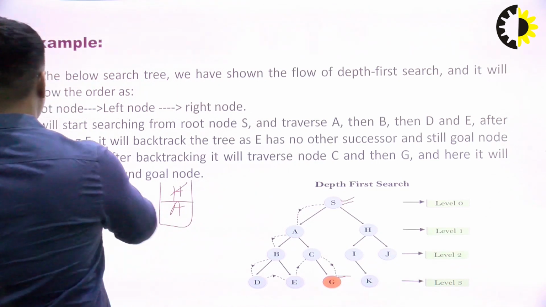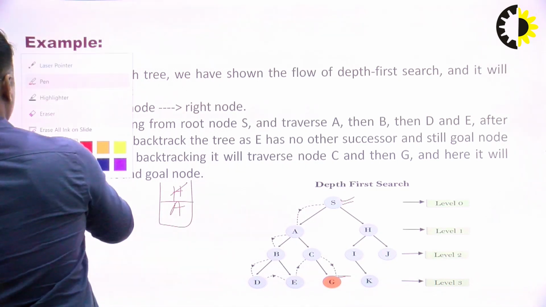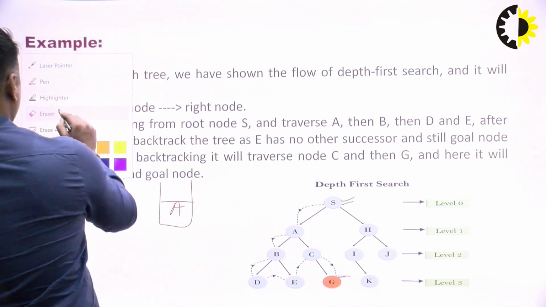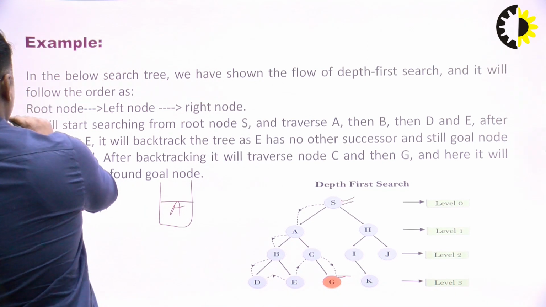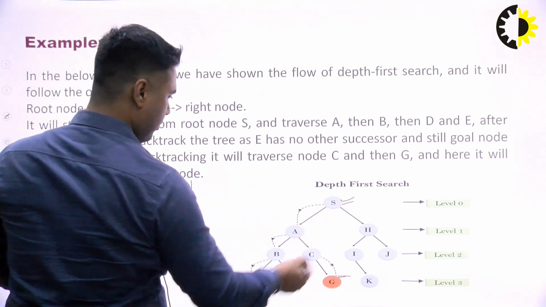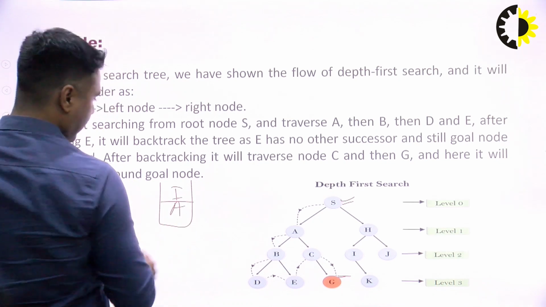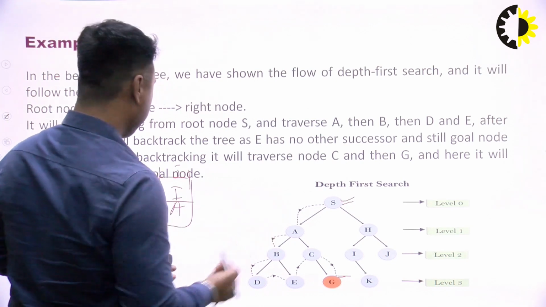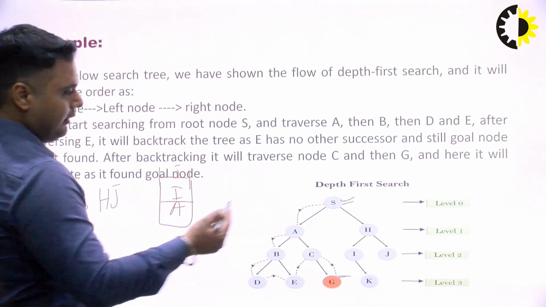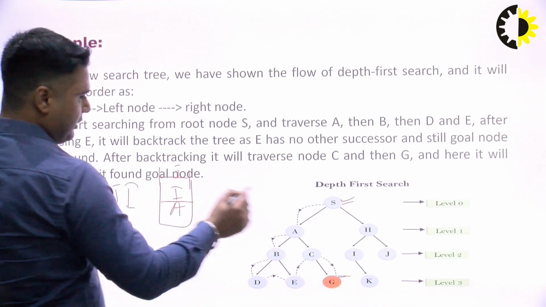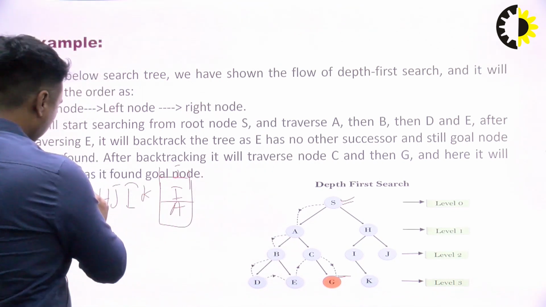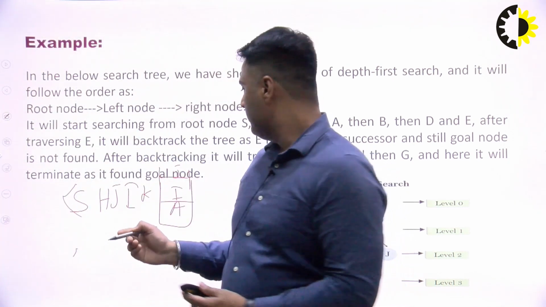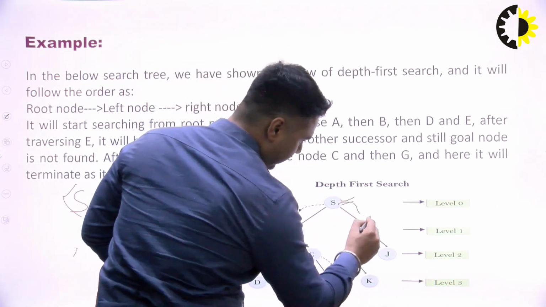So the next node's adjacent nodes are I and J. Then next I have to traverse, suppose J, next I, next K. When searching starts on the wrong side, that means my searching moves on this side.